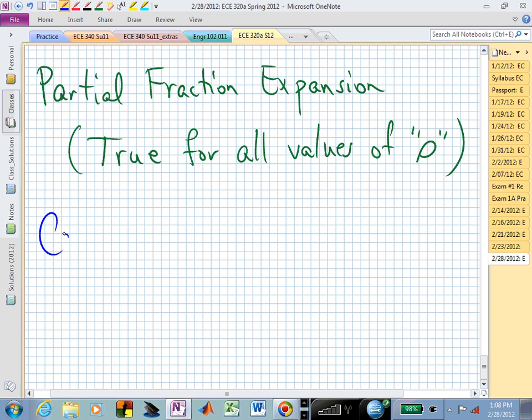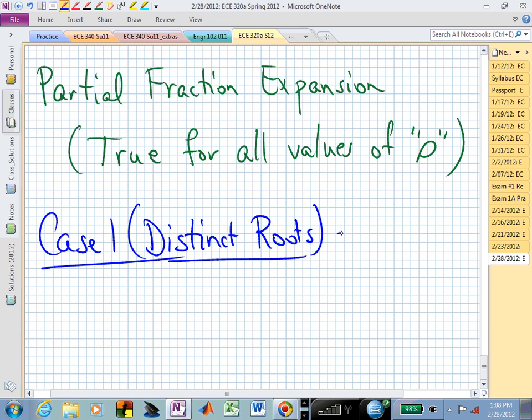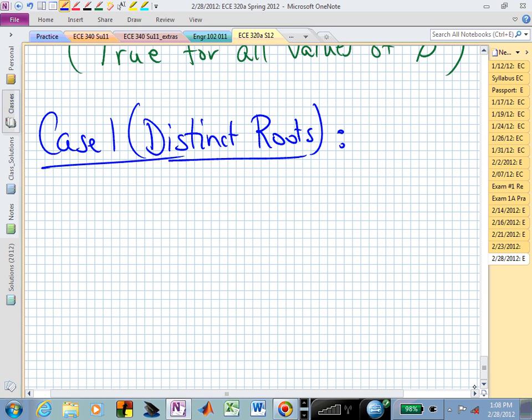Let's say case 1, which is when we have distinct roots. And again, the roots can be either real or complex as long as they are distinct. Suppose our f of s, is that going to confuse you if I use capital F of s for new things now? It's not the same as what I just finished talking about.